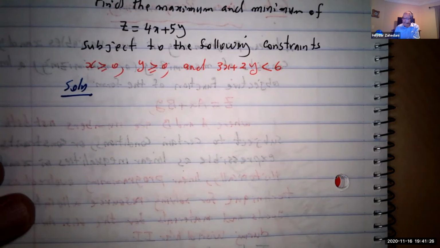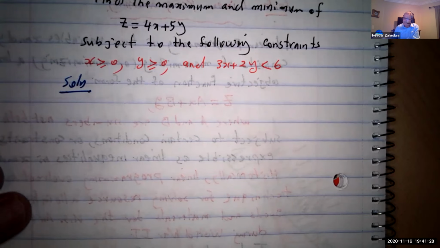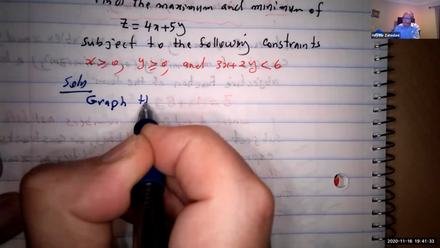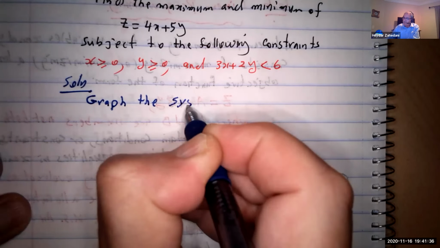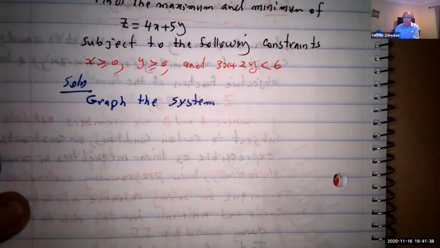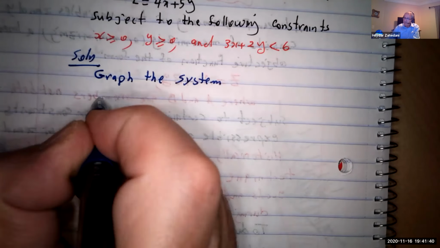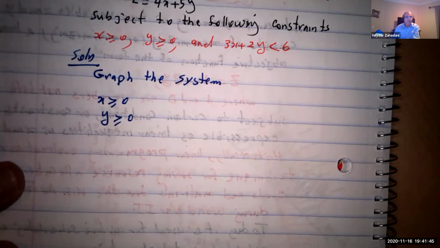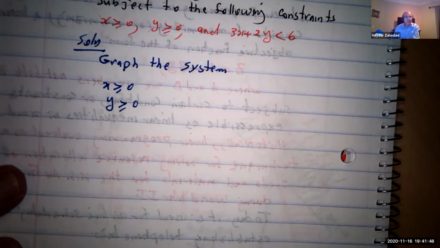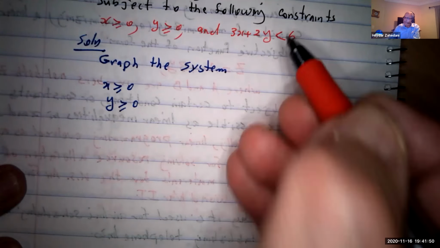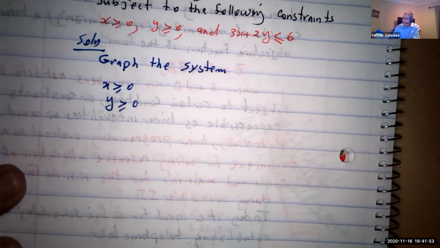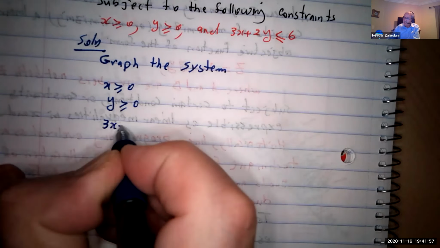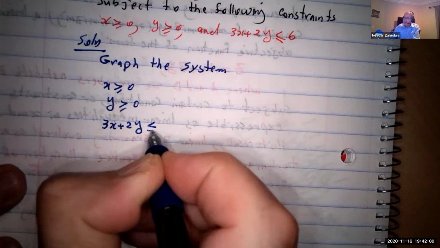So what we're going to do is graph the system. We have x greater than or equal to 0, y greater than or equal to 0, and 3x plus 2y less than or equal to 6.